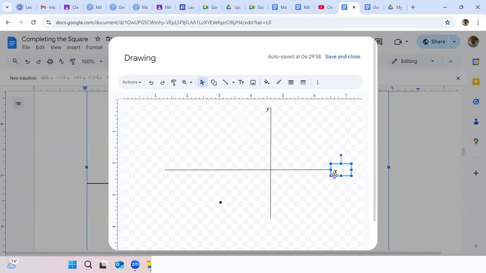So we can label here -4 right there. Let's put this a little bit here. And this will be -4.